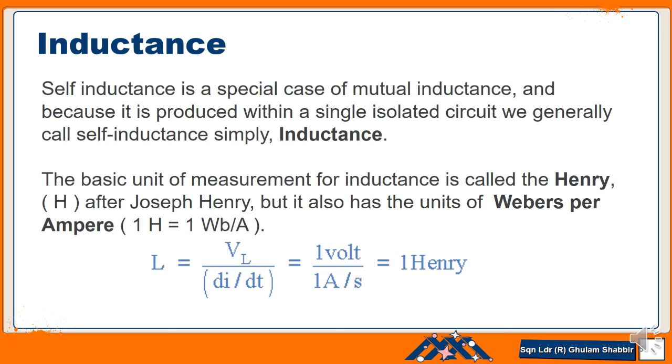So if we apply 1 volt across the inductor, due to which the current is changing at 1 ampere per second in the conductor, then the inductance of that conductor will be 1 Henry.